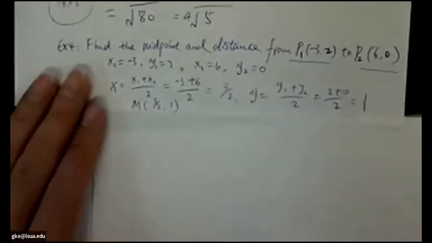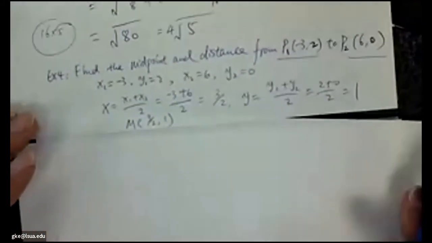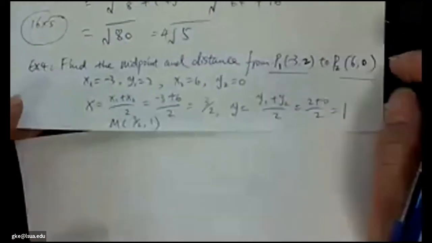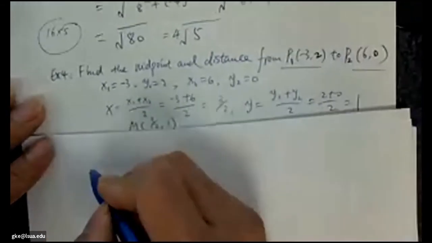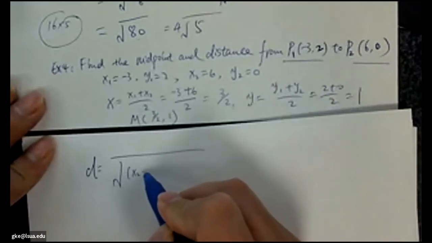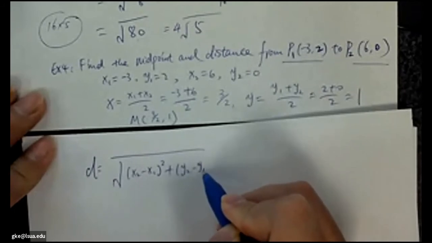So now we need to calculate the distance. Distance we have what? x2 minus x1 squared plus y2 minus y1 squared.